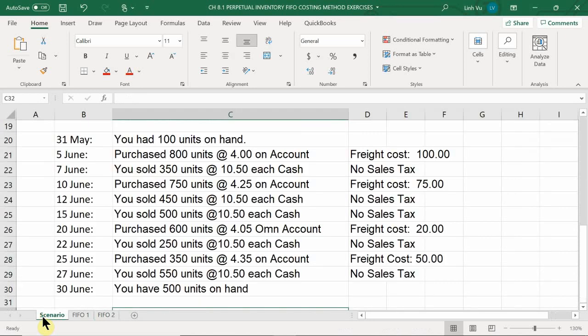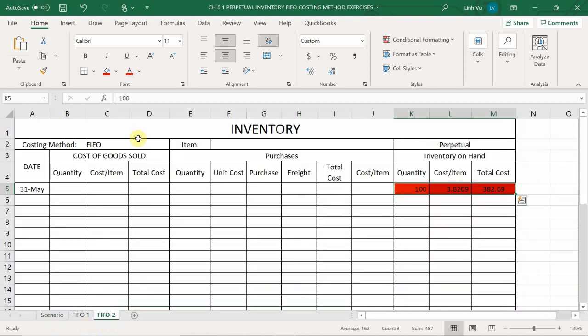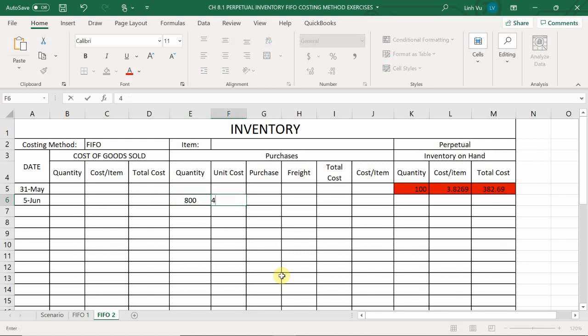So let's see here. On June 5th, we end up purchasing another 800 units at $4 each, with freight costing $100. So it is June 5th, we're purchasing 800 units at $4 with a freight of $100.